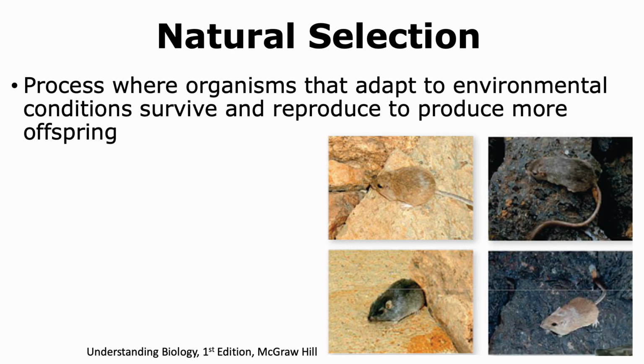Now imagine that there was a forest fire and the soot and ash created by this fire was blown away by the wind and deposited on the rock, which caused the rock to become a darker color. Now in this scenario, the black colored mouse is able to blend in very effectively and hence predators cannot catch it as easily.